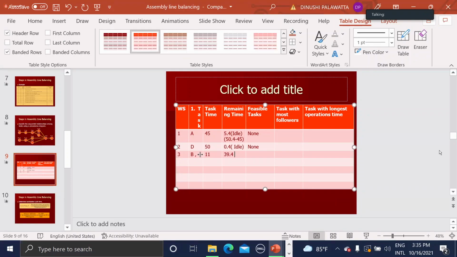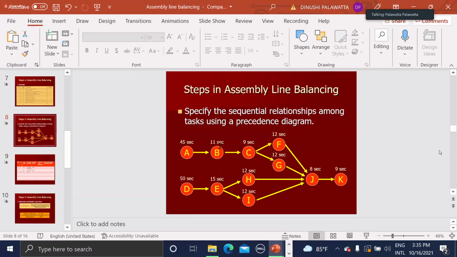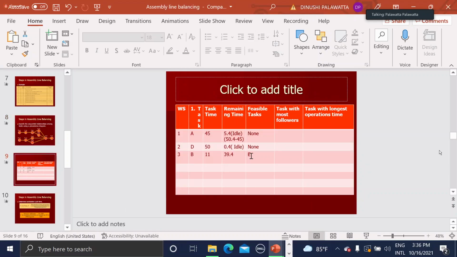Next candidate, feasible task after B or E. E is feasible, and F, G are also feasible.